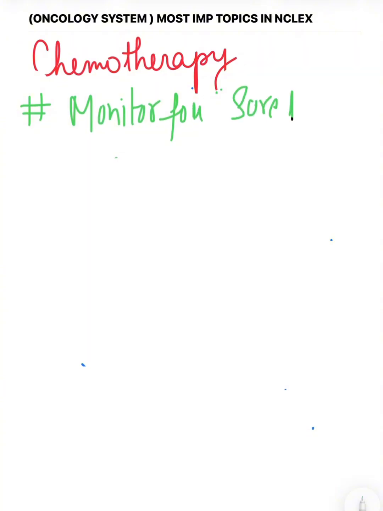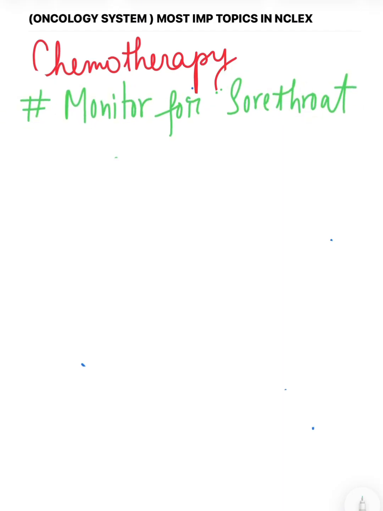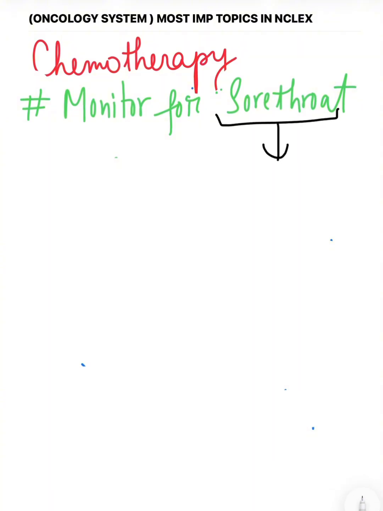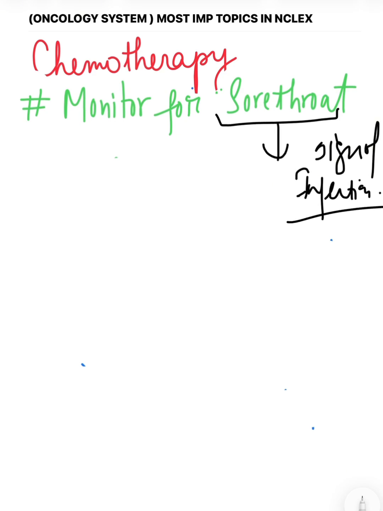If a patient has symptoms like sore throat, it is a sign of infection. Another point: if a patient has vomiting in chemotherapy, the best medicine is an antiemetic, that is ondansetron.